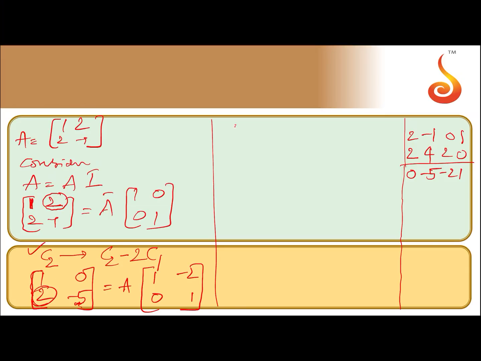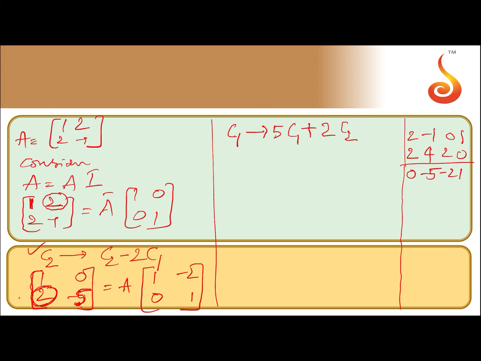What do I do? I have to change C1. How can I change it? This 5 here, I multiply with the first column, and the second column I multiply by 2, so that you will get a common constant value. So the first column I multiply by 5, that is 5 times C1. The second column I multiply by 2, and then I add them up.